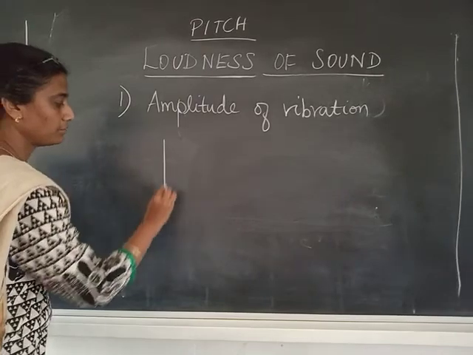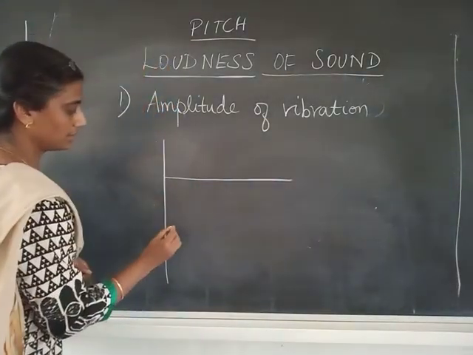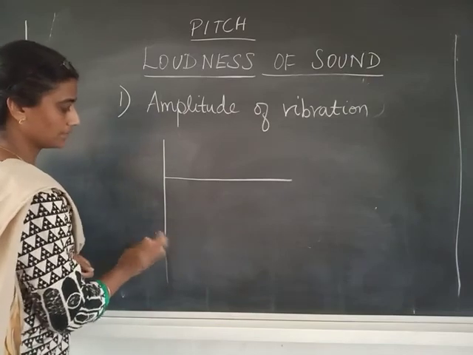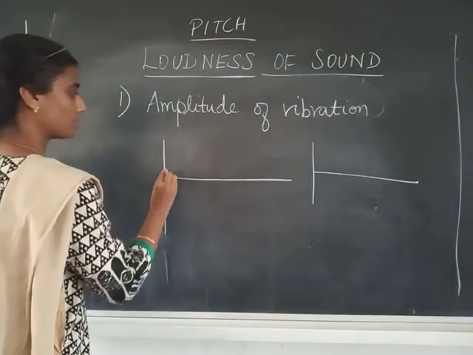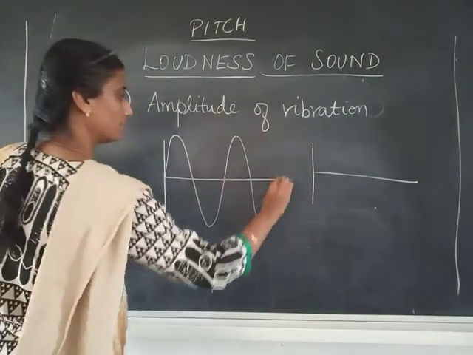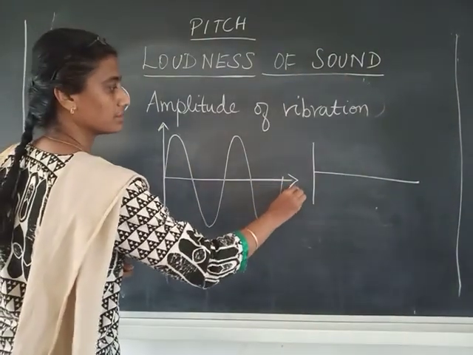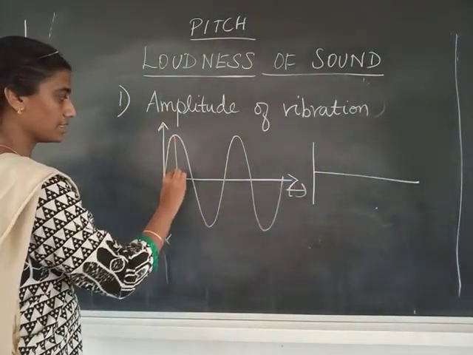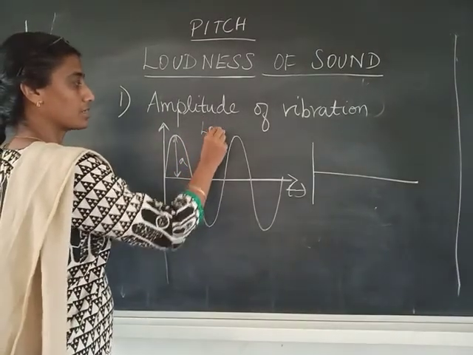Now, if I have to draw a diagram showing a loud sound and a soft sound, a loud sound will be like this. The amplitude will be quite high this time. So can you see, this is the amplitude. Amplitude is high for a loud sound.